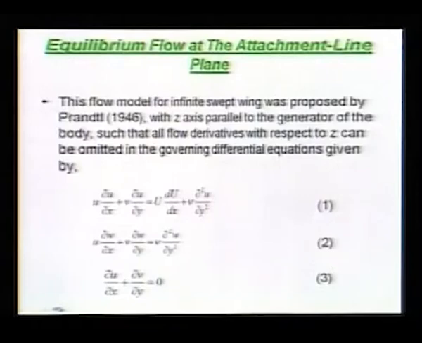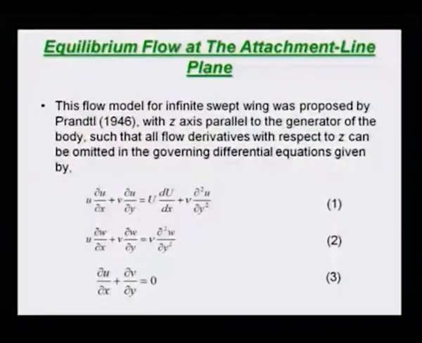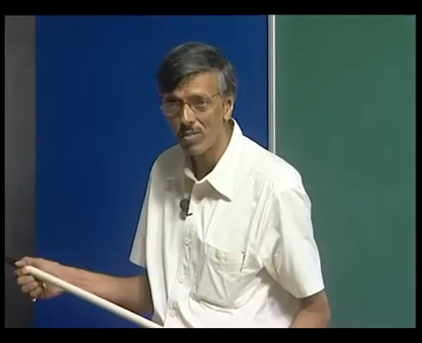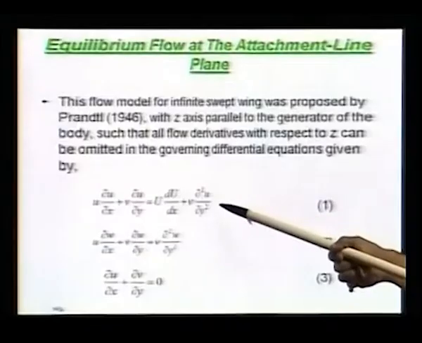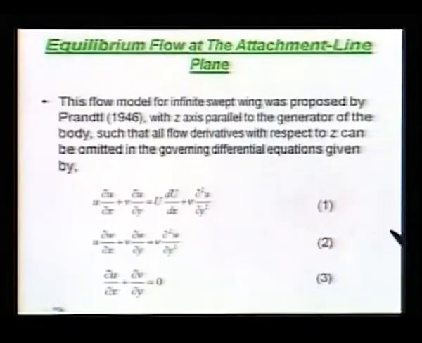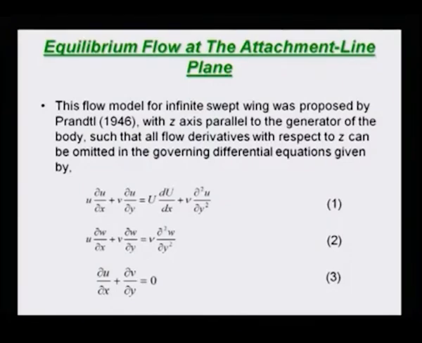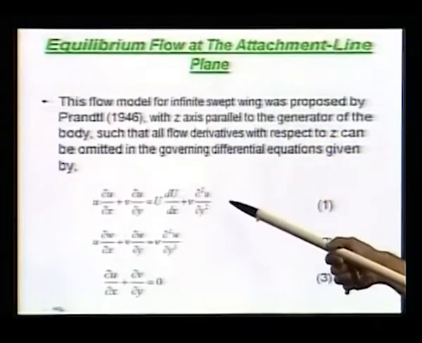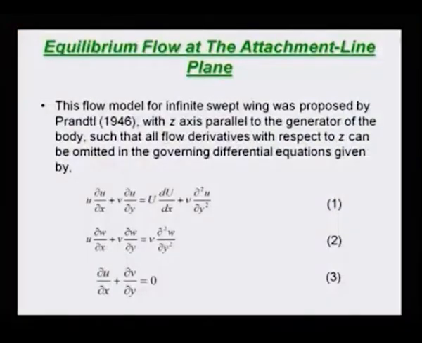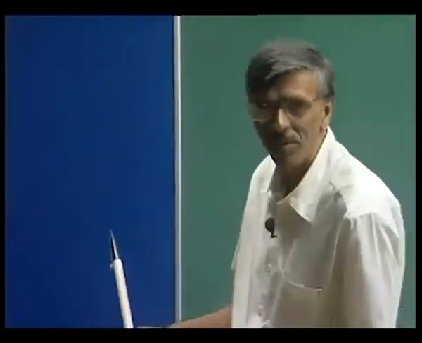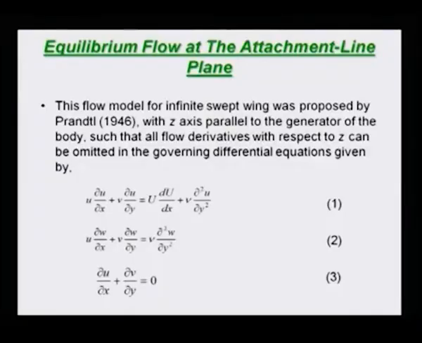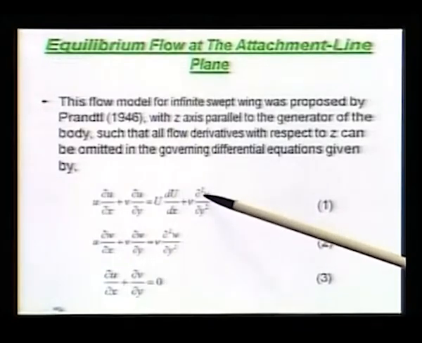Of course, we have taken a boundary layer approximation, so that the streamwise diffusion is negligible compared to wall normal diffusion. And what happens to the z direction? Of course, because of the infinite swept assumption, that term is 0. If del u del z is 0, all its derivatives also will be 0. So, the second derivative automatically falls off. So, that is your x momentum equation.